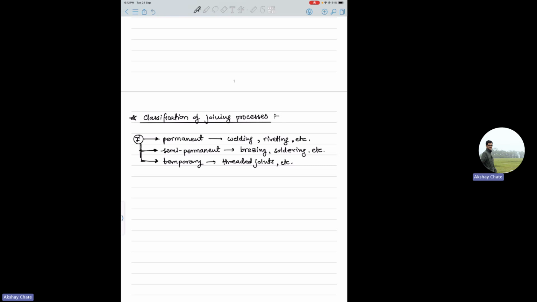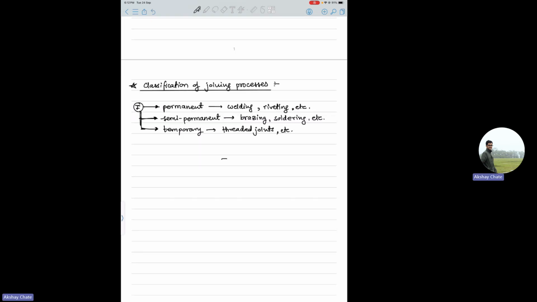Okay, so second one is, maybe I should use this kind of tree diagram.